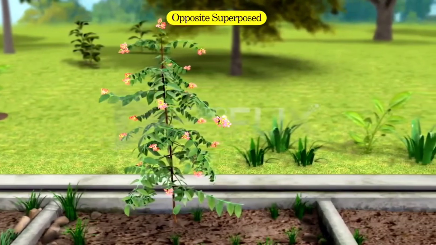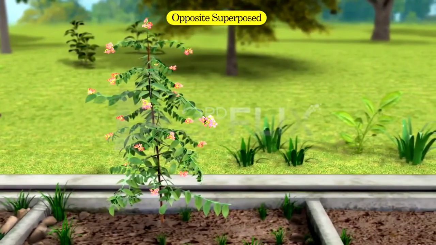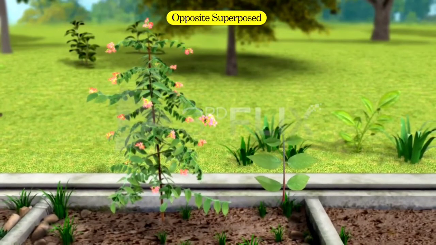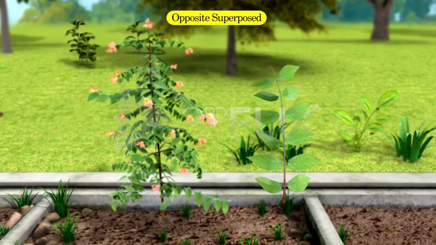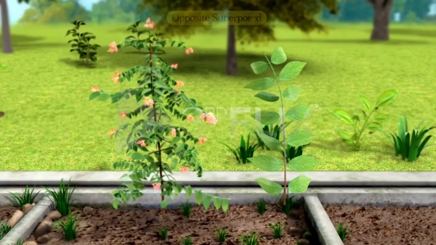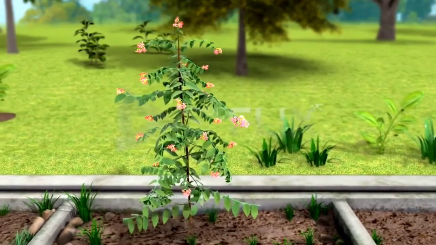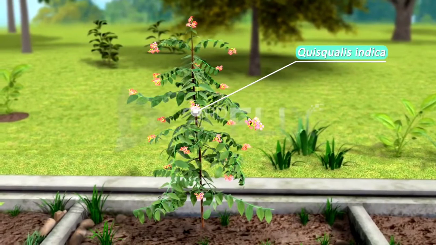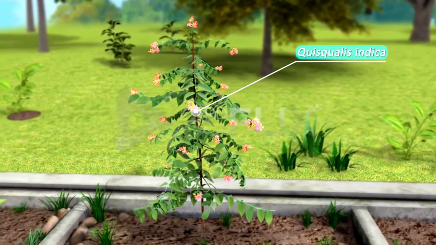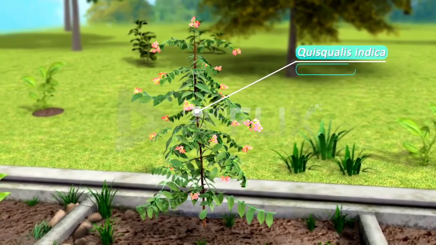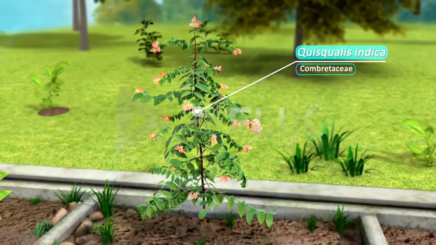In opposite superposed phyllotaxy, the successive pairs of the leaves are placed exactly on the top of one another so that all the leaves lie in two vertical rows of the same plane. Opposite superposed phyllotaxy is seen in Quisqualis indica. The common name of Quisqualis indica is Rangoon creeper. Quisqualis belongs to the family Combretaceae.